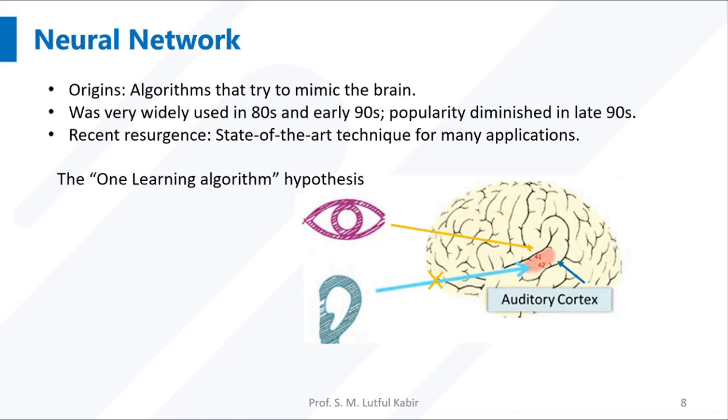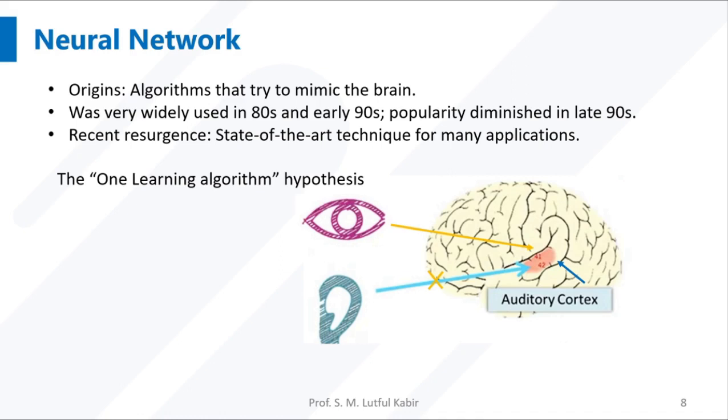If the same piece of physical brain tissue can process sight or sound, then maybe there is a single learning algorithm that can process sight or sound, and maybe instead of needing to implement a thousand different programs or algorithms to do the thousand wonderful things that the brain does, maybe what we need to do is figure out some approximation of what the brain's learning algorithm is and implement that.